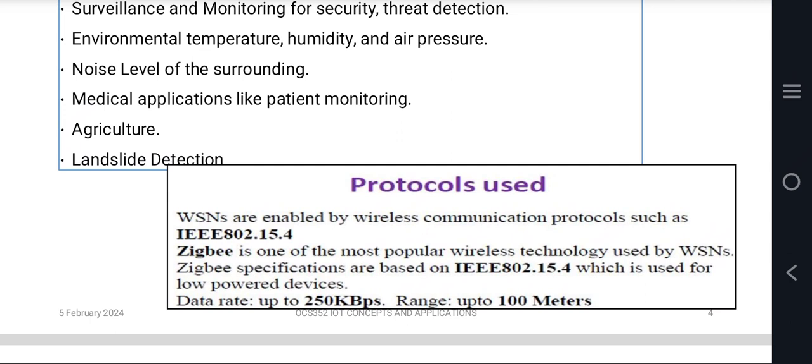The applications are based on the protocol IEEE 802.15.4, whose speciality is for low power devices. The data rate supported is up to 250 kilobytes per second. It can cover a range of up to 100 meters.